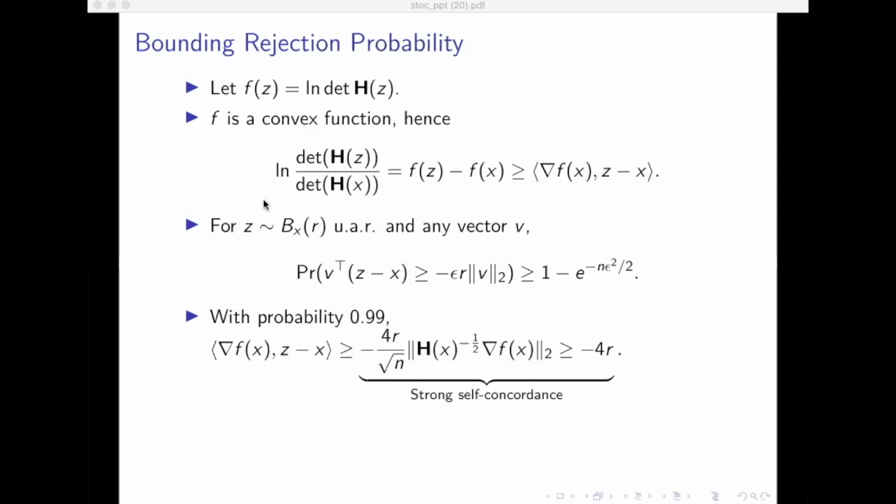We get the last inequality by using strong self-concordance of h. Therefore, the rejection probability at x is less than or equal to 1 minus e to the power minus 4r, and similarly, the rejection probability at y is also less than or equal to 1 minus e to the power minus 4r.